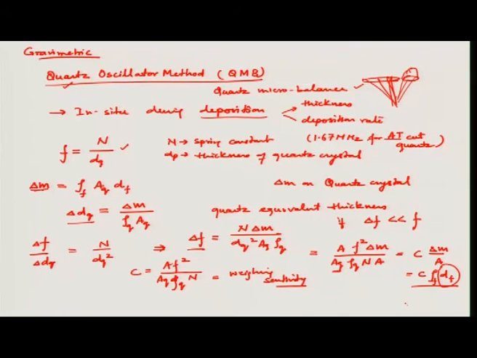And this method is so sensitive that for film thickness, you can measure 0.1 nanometer to 100 micron thickness. For deposition rate, you can measure anywhere between 0.01 nanometer per second to 100 nanometer per second.